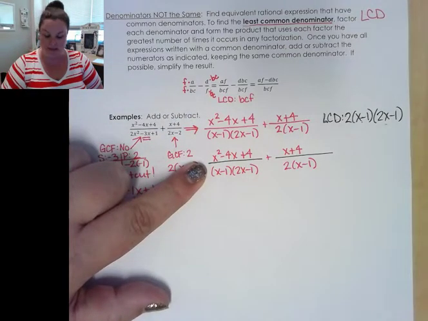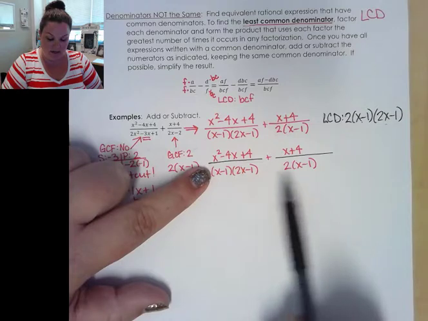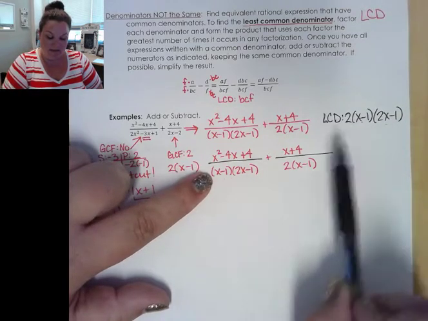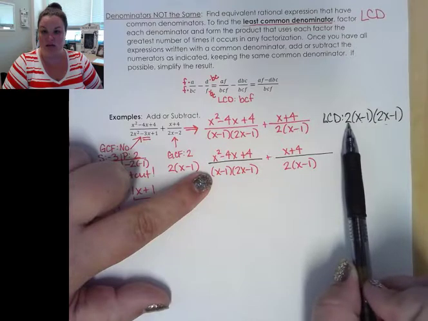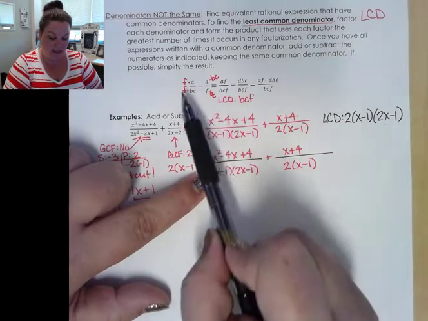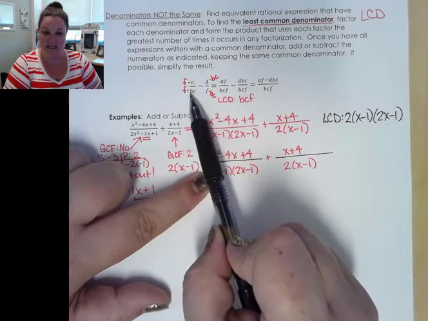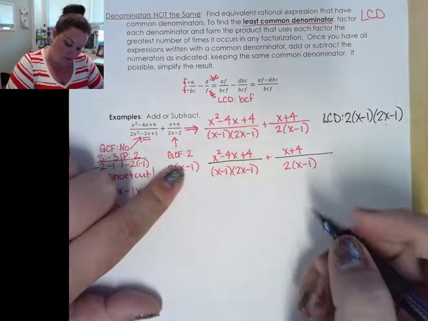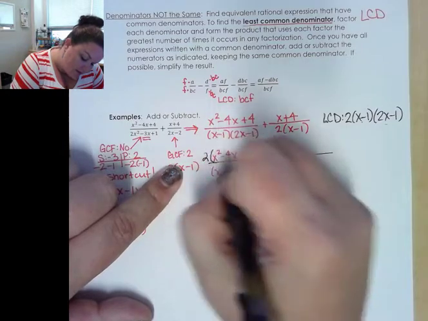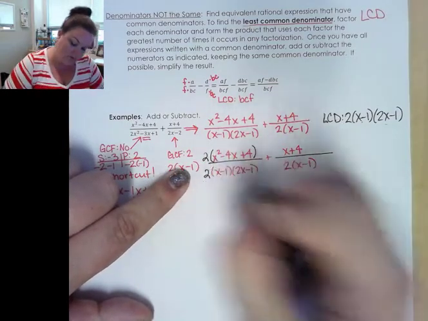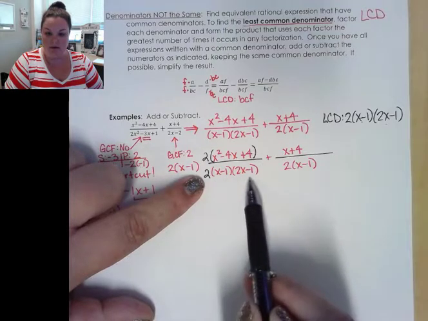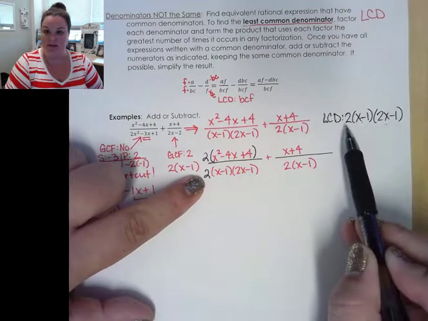Now I want to make these denominators look like this. If I look at the first one, it's missing the 2, so it needs a 2. Just like I did here, whatever the bottom piece needs, that's what I multiply on top and bottom by. So I multiply the top by 2 and the bottom by 2. Now my denominator looks exactly how I want it to be.